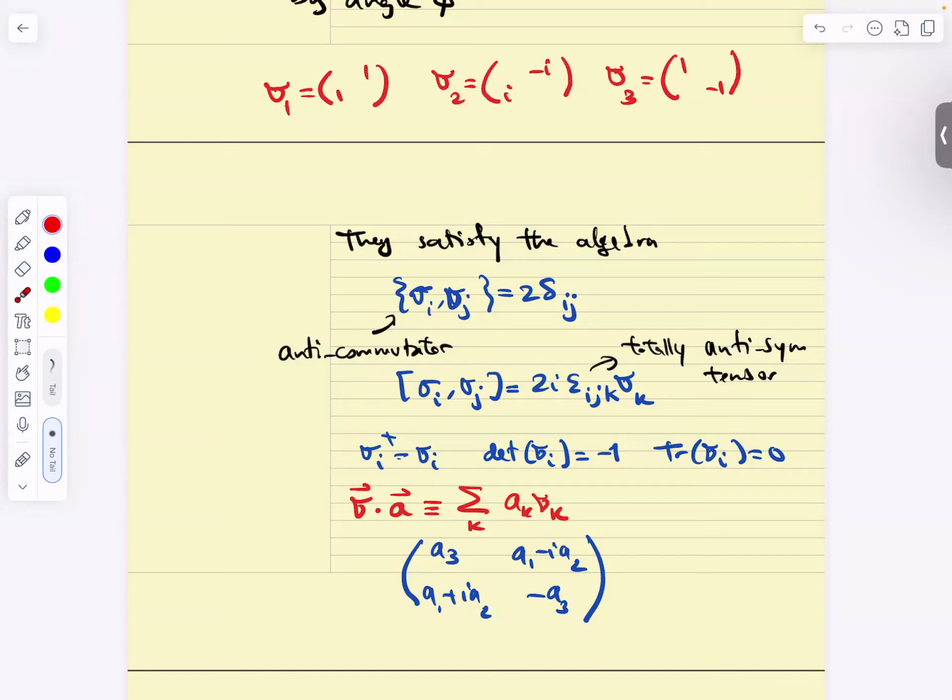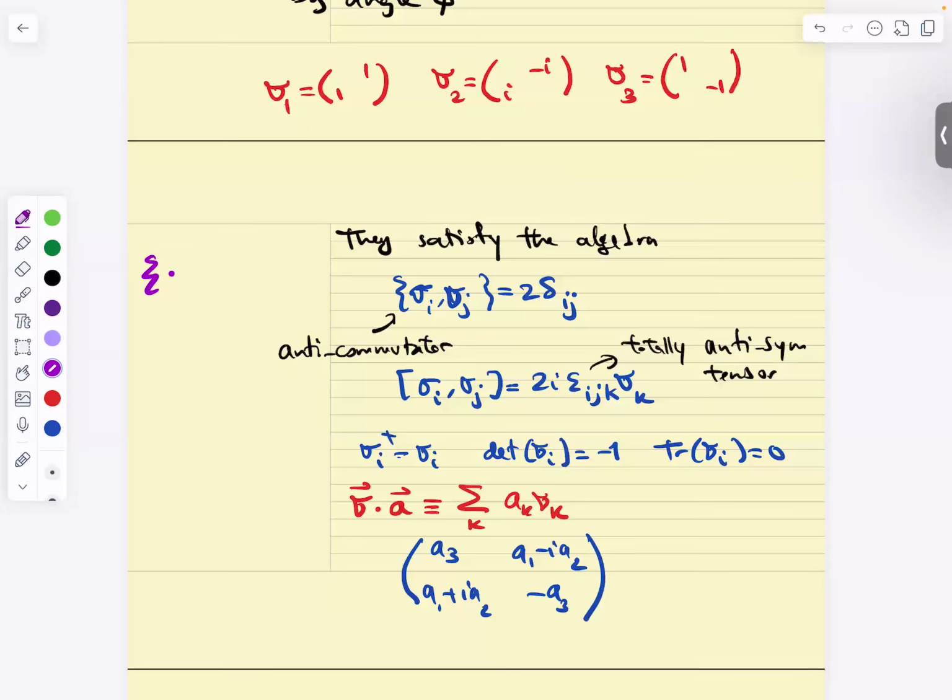So you can elegantly write that in the language of the anti-commutator. Do you remember the anti-commutator? Let me just write the definition for future reference. The anti-commutator is AB plus BA. It's just an elegant way of writing this property.